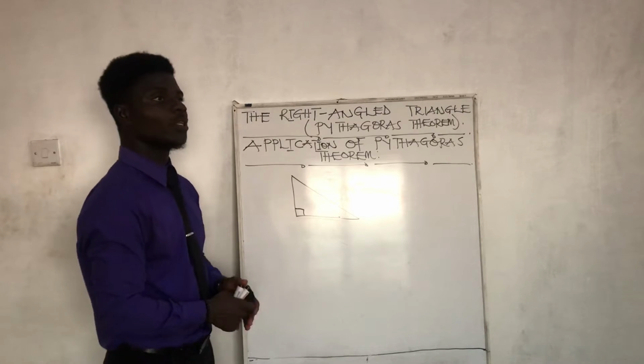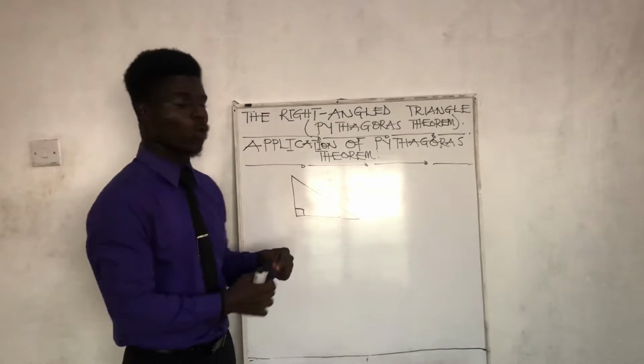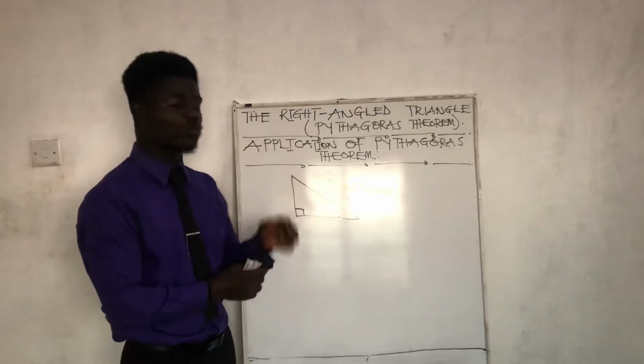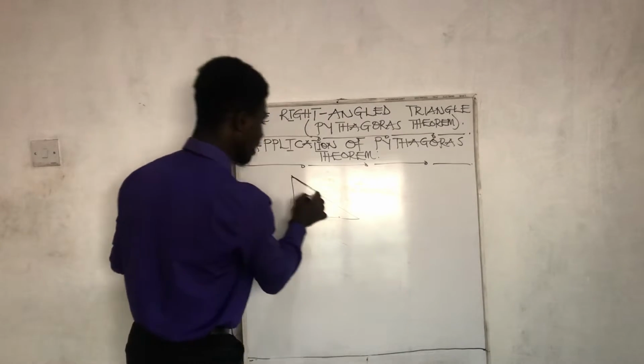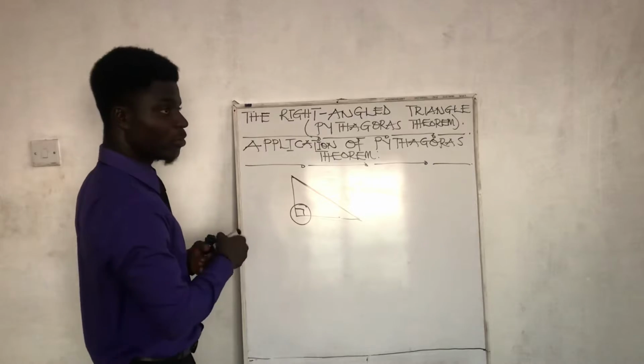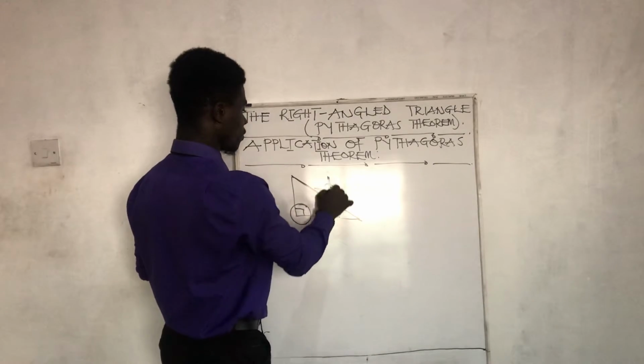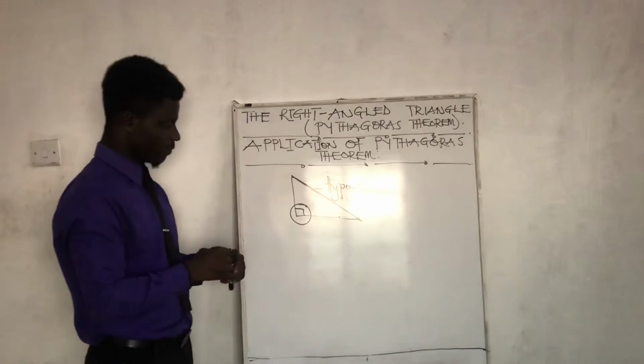If a side is opposite this 90-degree angle, then that side is the hypotenuse. So please don't forget.